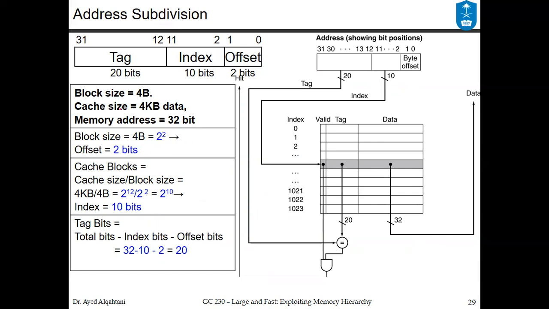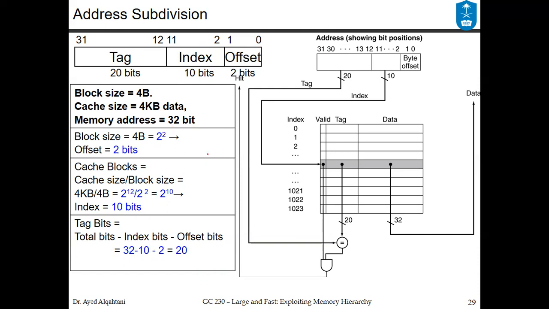So if you are given the block size is equal to 4 bytes, meaning 1 word, and the cache size is 4 kilobytes of data, and the memory address is 32-bit wide, from 0 to 31, then you need to find the group of bits that represent the offset, the group of bits that represent the index, and the group of bits that represents the tag. If you know how to do the address subdivision, the cache memory would be super easy for you.